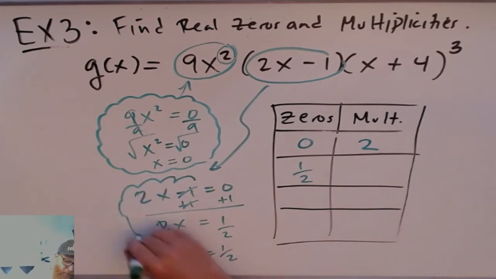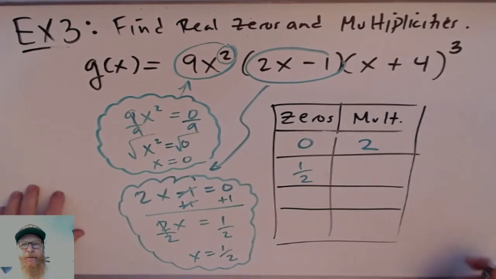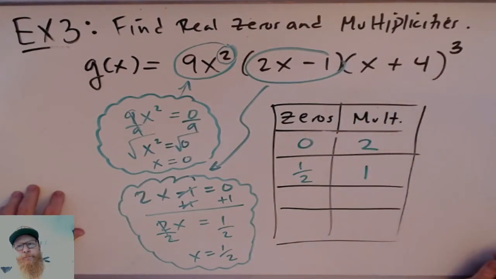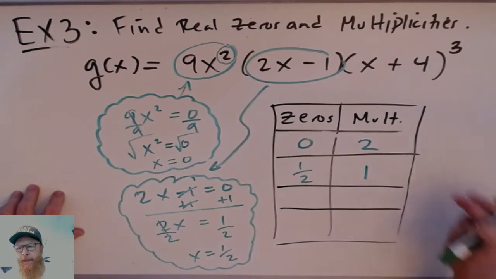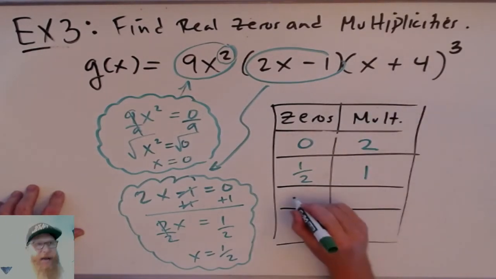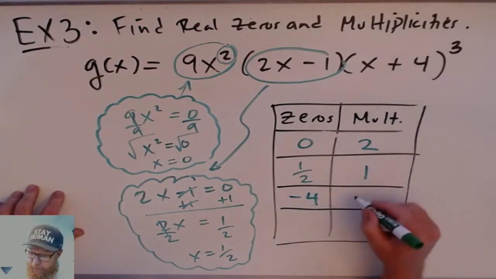Again, put that inside one of my clouds here to indicate that you could have done that in your head. What's the multiplicity? It's 1. And then x plus 4 cubed. I think we're just going to do that one in our head. X plus 4 is negative 4, and the multiplicity is 3.